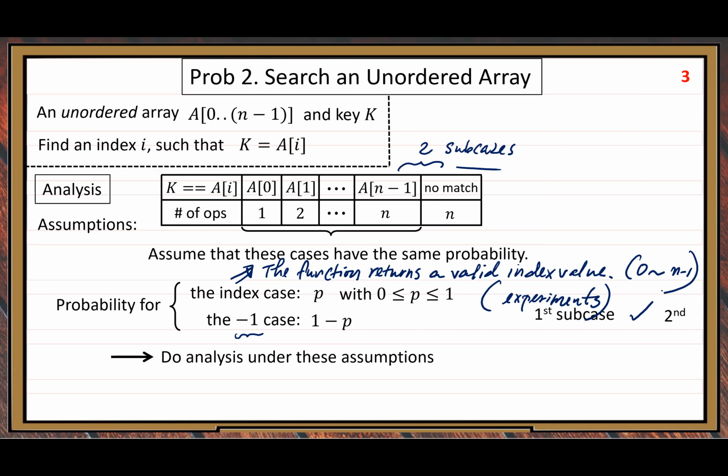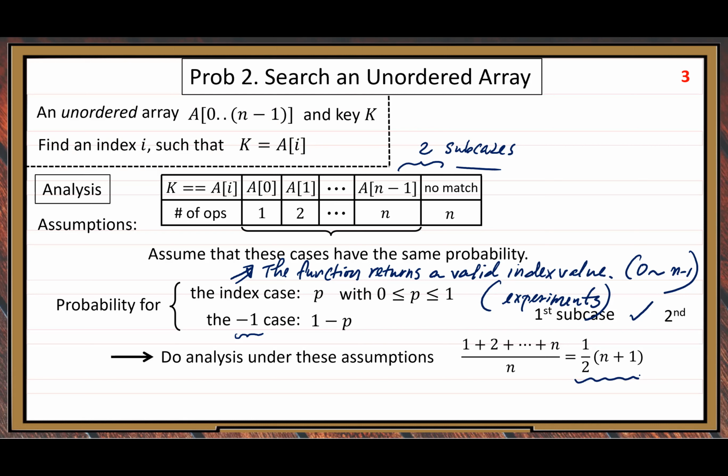That will be much easier. If we just take the ordinary average for the first subcase, 1 plus 2, the number of comparisons for all n cases, then we take the division because there are n cases in that subcase. So we do division by n, and after simplification, we get this number. That's the first subcase.